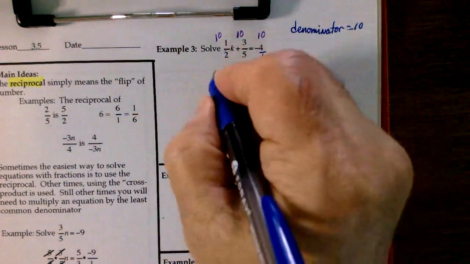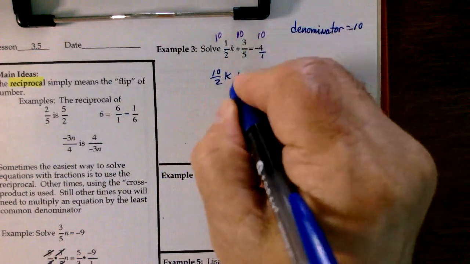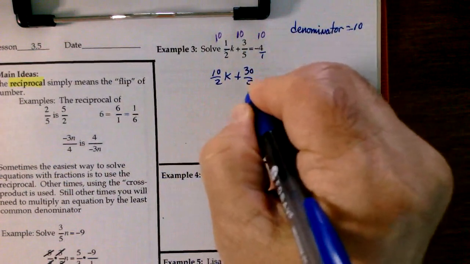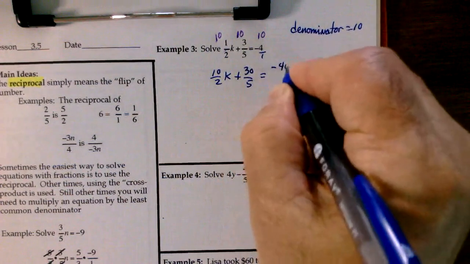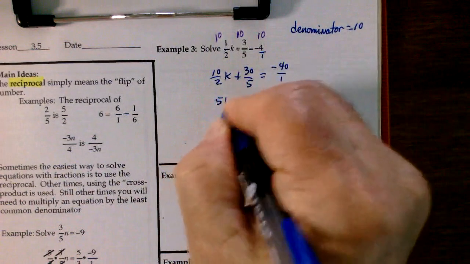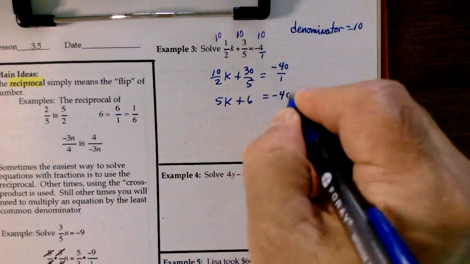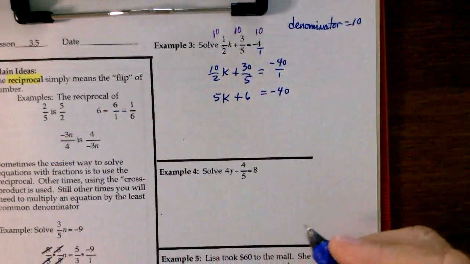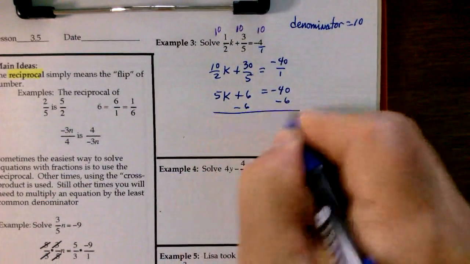10 times 1 is 10/2k. 10 times 3 is 30/5. And then 10 times -4 is -40/1. And we can quickly see 5k plus 6 equals -40. And the fractions are gone. We keep going, subtract 6.